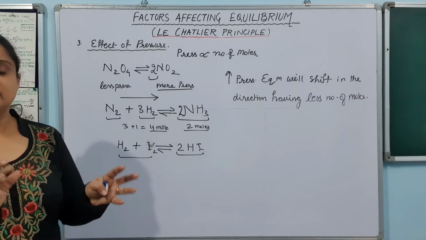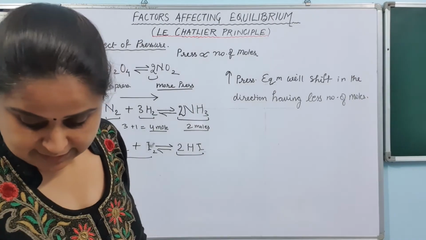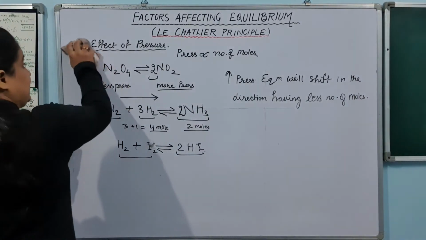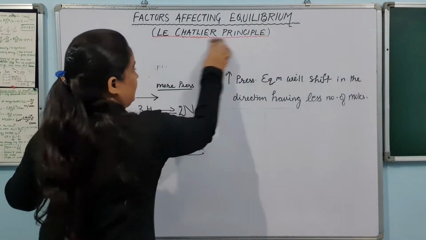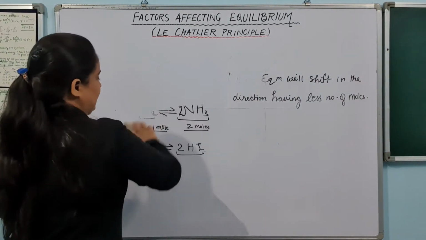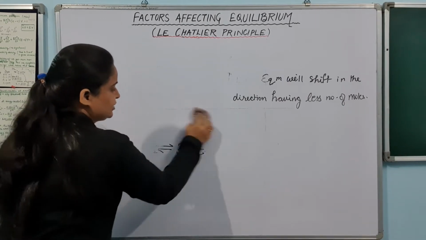Is it clear? Now we'll talk about the catalyst: how the catalyst affects the reaction in the forward and in the backward direction, and how it shifts the reaction.